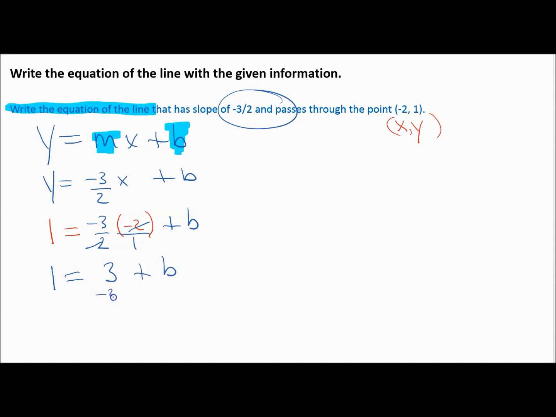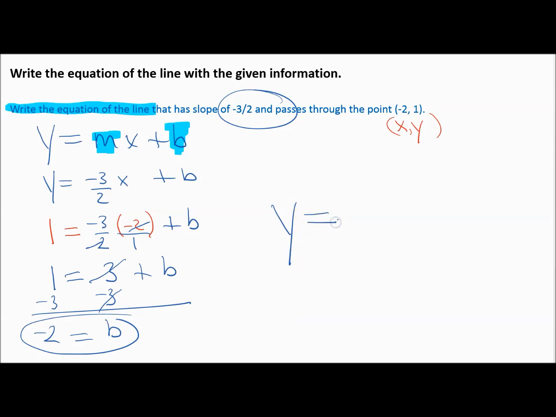Now I'm going to do the algebra to isolate b. Okay, so now b is by itself on the right-hand side of the equation, and 1 subtract 3 is negative 2 on the left. So now we have a b value. So now I go back to my y equals mx plus b, and my final result will be y equals, remember in aqua here, you've got to substitute m, that's negative 3/2.